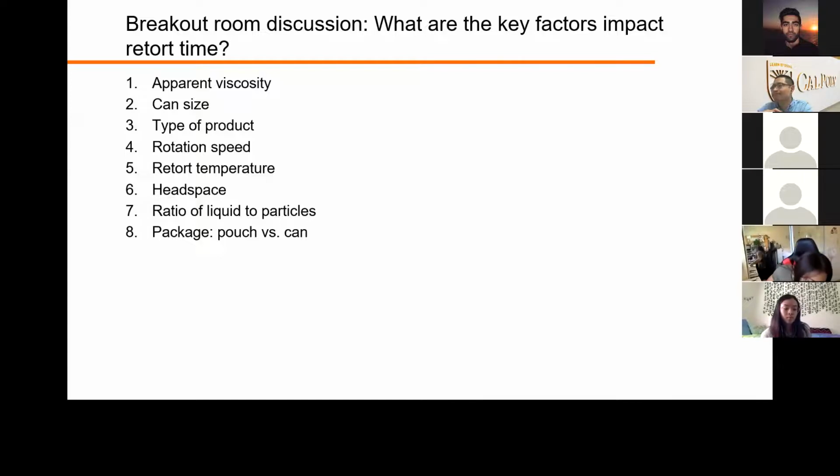One of our questions was accounting for carbohydrate in the retort, because if you're making a Chef Boyardee product which has tomato sauce and pasta in it, versus just a can of tomato soup, we were wondering where a carbohydrate would factor in with extra time.